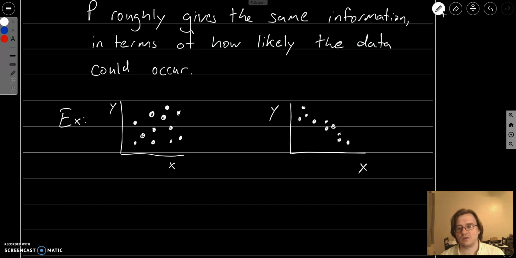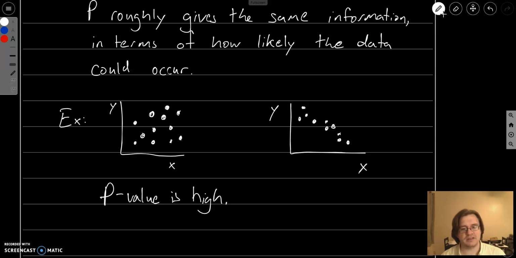So when you're given two scatter plots and you look at this first one, you can see that the data looks like it's arranged somewhat randomly, and it seems fairly likely that if you just picked some numbers at random, this could have happened. So here, the p-value is high, because the probability that this could have happened is pretty high.